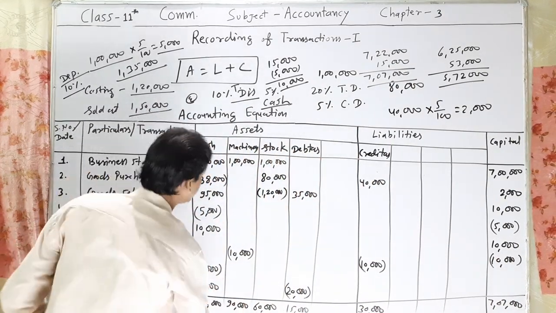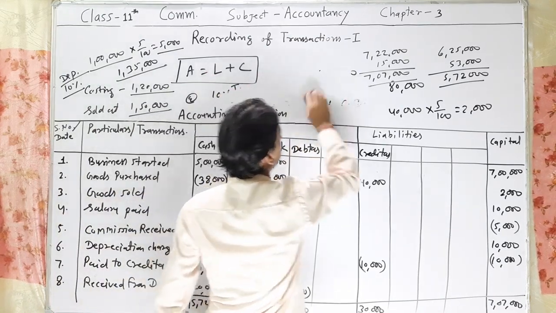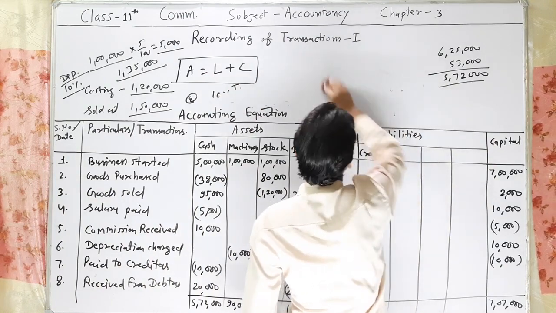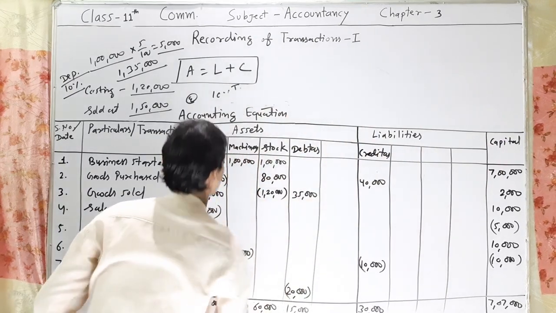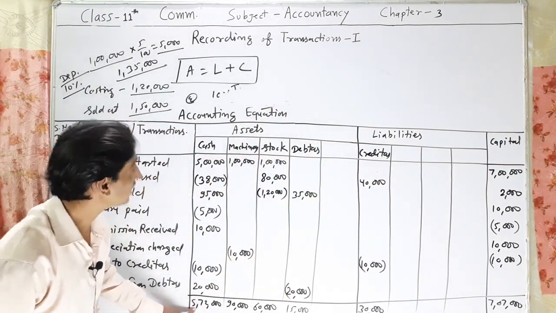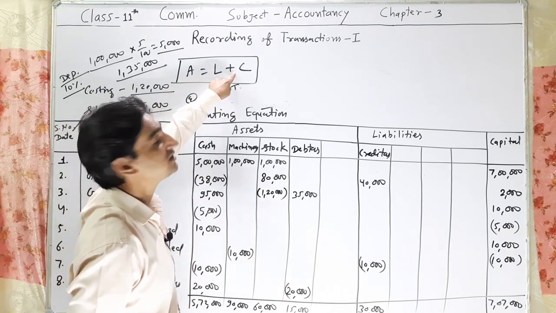Now we need to satisfy the accounting equation. Assets equal liability plus capital.